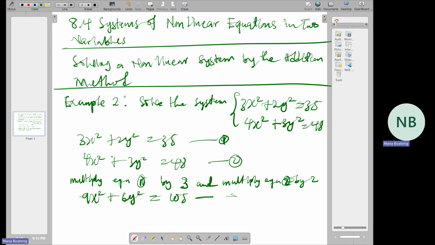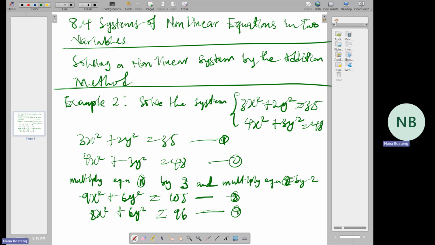Let's call this our equation 3. And if we multiply equation 2 by 2, we will have 8x squared plus 6y squared is equal to 96. Let's call this equation 4.